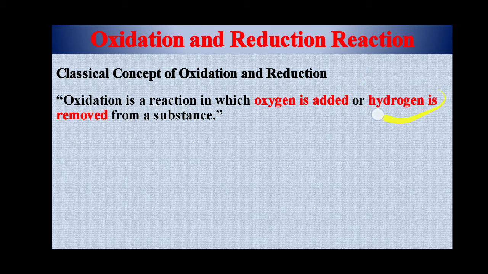Both cannot be done at the same time. So whenever in any chemical reaction hydrogen is removed or oxygen is added, then we can say this is an oxidation reaction.